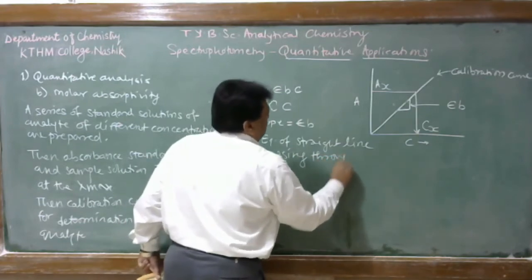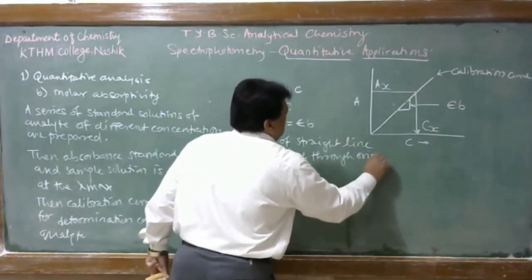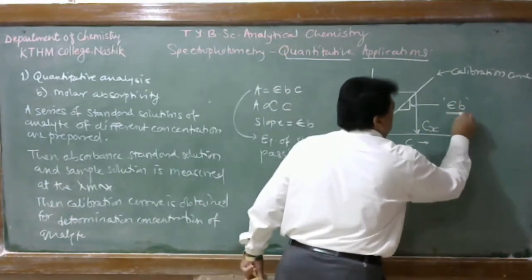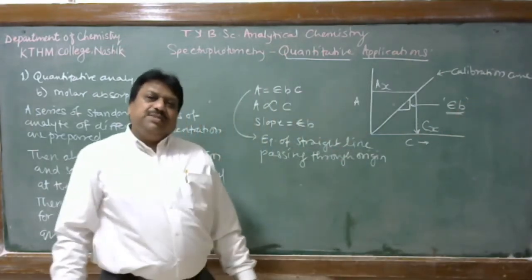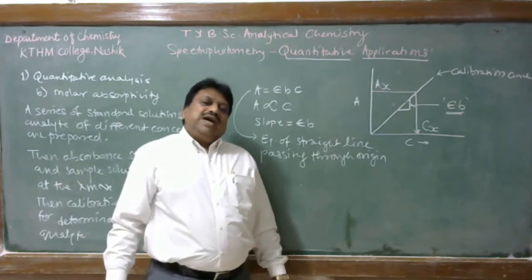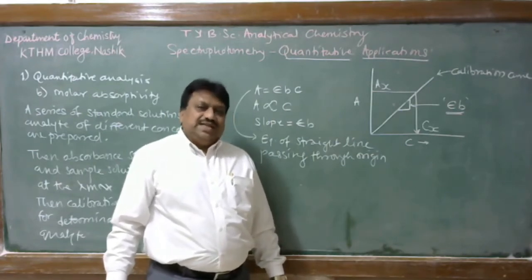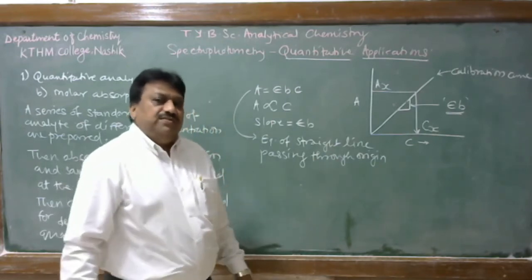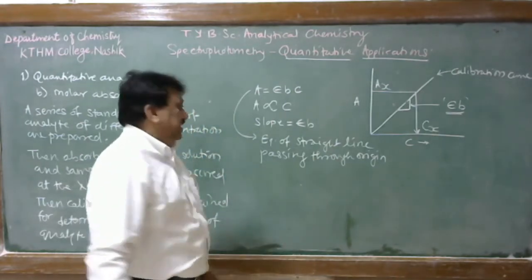So we can calculate this slope as epsilon b, and in colorimetry or spectrophotometry the value of path length b is equal to 1 centimeter. Therefore the slope is directly equal to epsilon when b is equal to 1 centimeter.